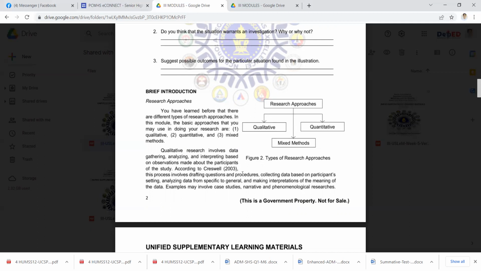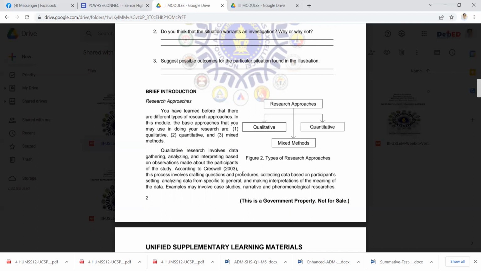What is a qualitative research? Qualitative research involves data gathering, analyzing, and interpreting based on observation made about the participant of the study.